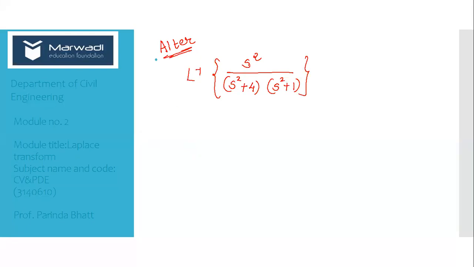Okay. Now you can convert this using another method. If you remember, we discussed this kind of question. If s square is not there, then s is taken outside and subtract this and divide by that.